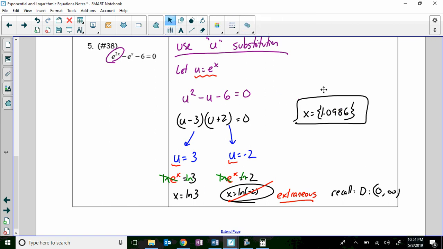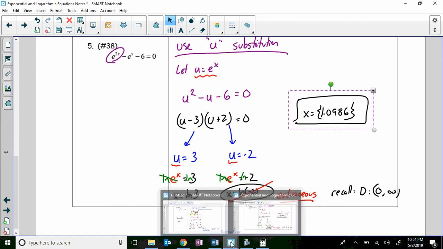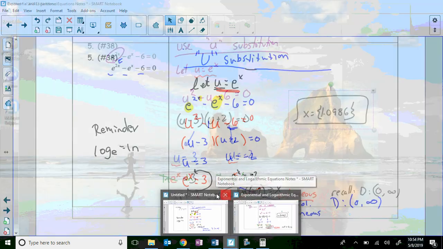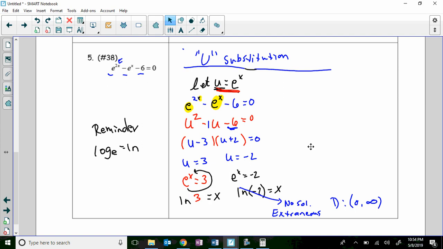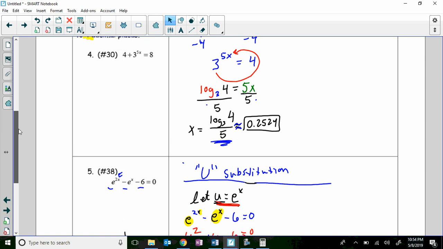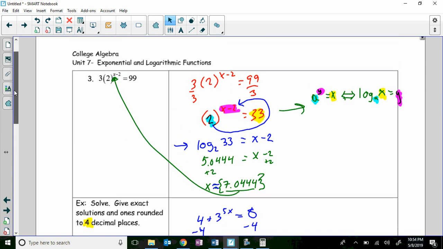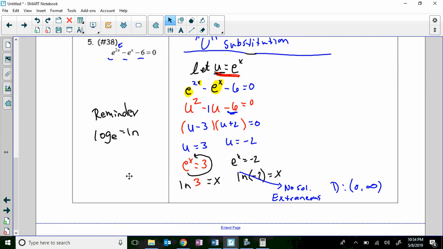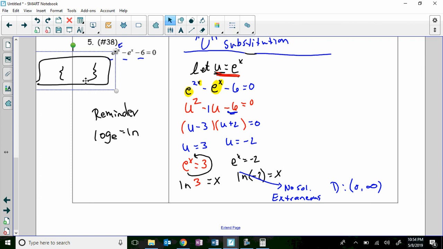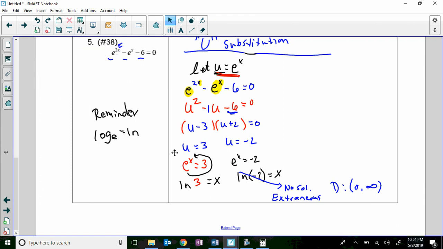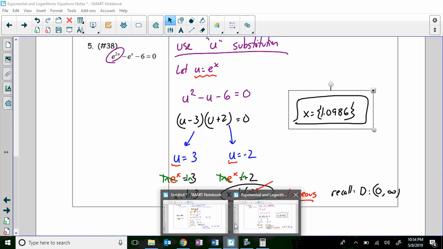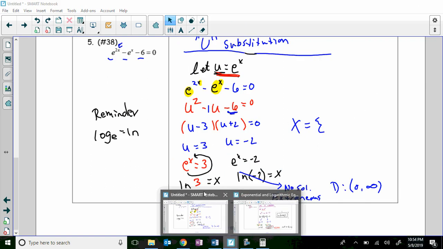So x equals 1.908, maybe. Nope, didn't get it. x equals 1.0986.